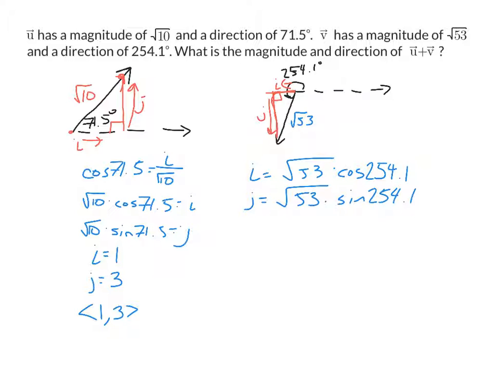And once again, we'll type those into the calculator and we'll come up with some nice values for i and j. i is negative 2, while j ends up being negative 7. Notice that we are going left for i and down for j, so they're both negative, so component form will be negative 2, negative 7. All right, I'm going to go to the next page in order to find the magnitude and direction of their sum.